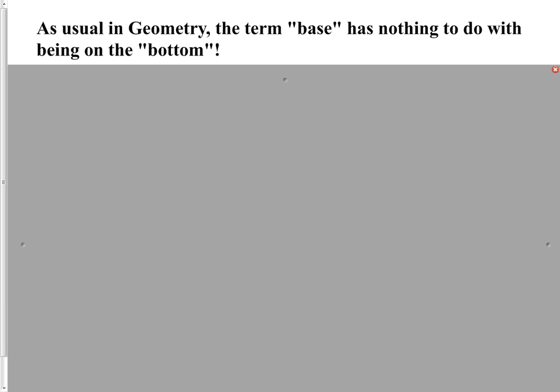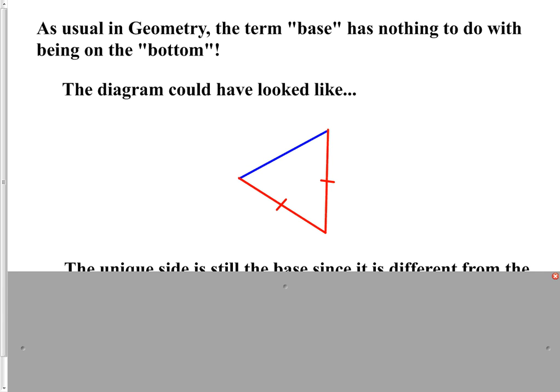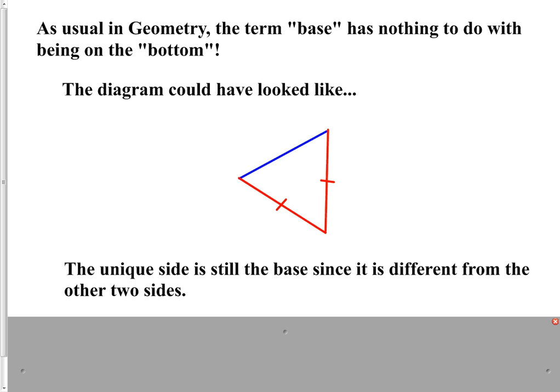But in the geometric language, the word base has absolutely nothing to do with being on the bottom. The diagram that I just showed you, with the two red legs with the tick mark and the one blue base, could have just as easily been drawn exactly like this one. It would not change the fact that the two congruent sides are the legs. The side that is different is the base.